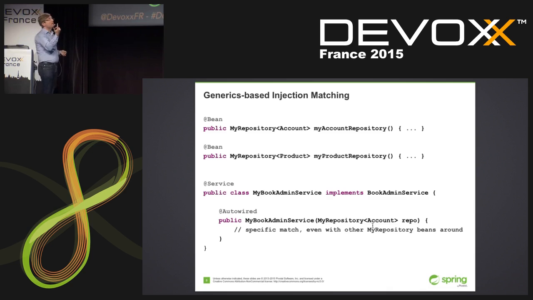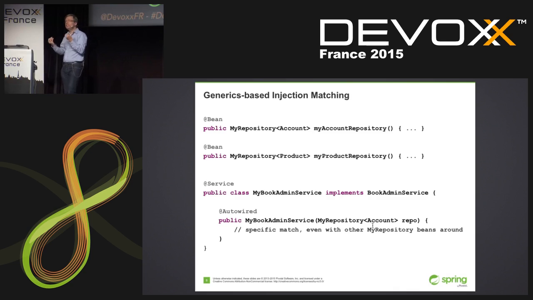That declaration may be in a factory method, it may be in the class, right? If the class says implements MyRepository of Account, we can also evaluate that information from the class itself. So if we can, we're going to try to find the closest match for you.